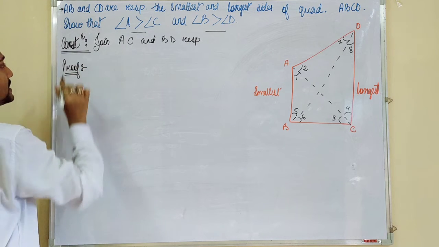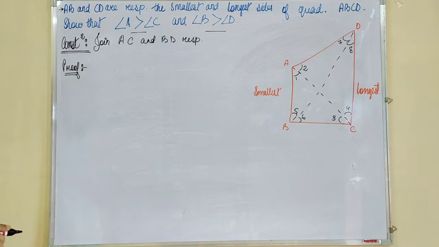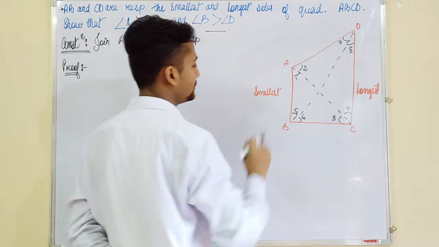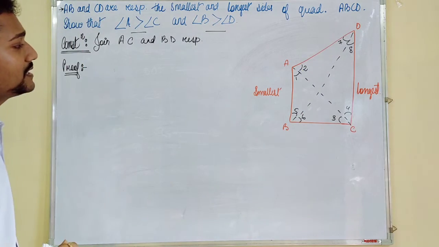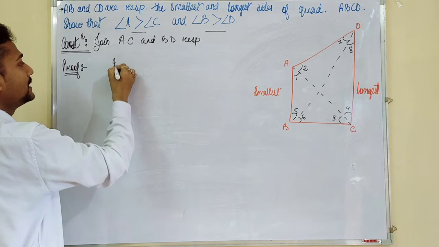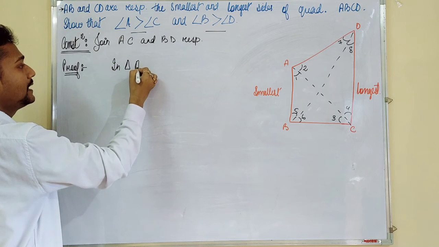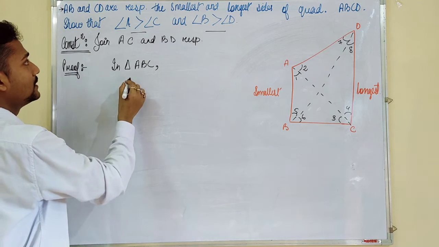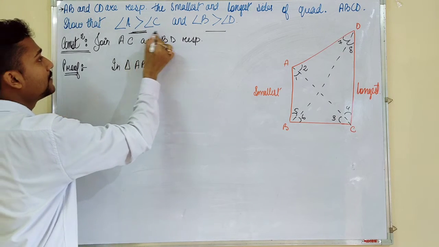I'll try to solve it as simply as possible. You just try to understand what I am going to say. Now first we will take this particular triangle ABC. In triangle ABC, what is given here?